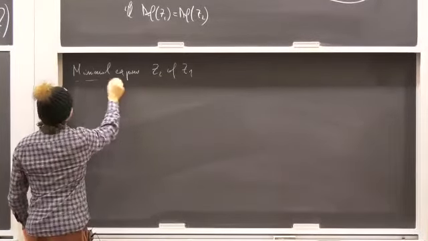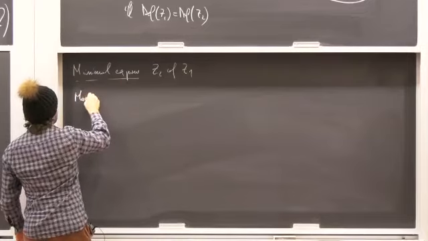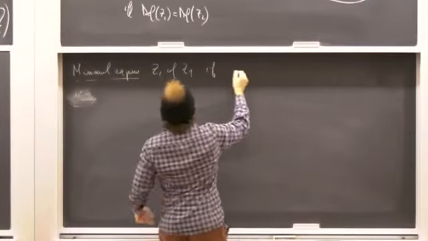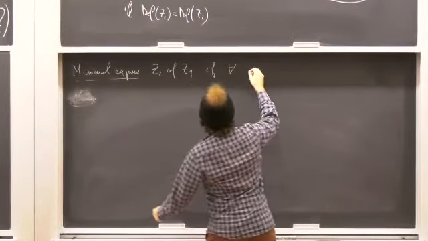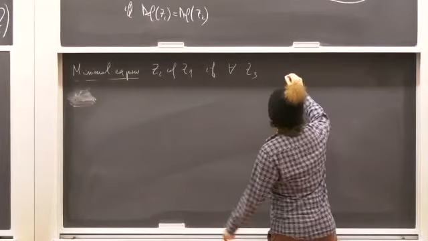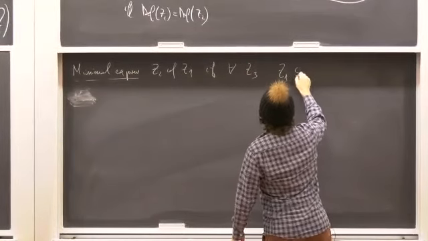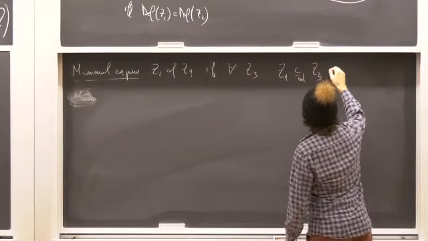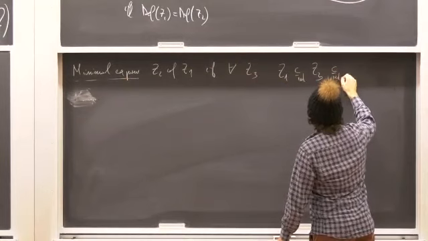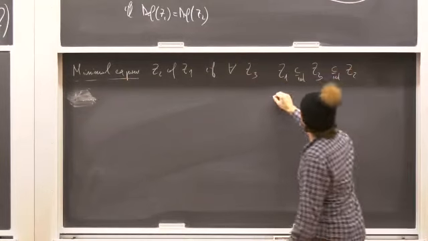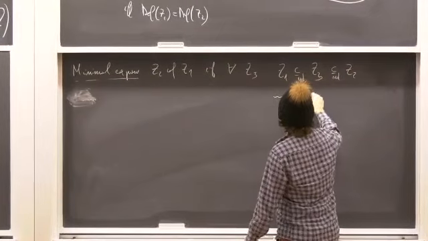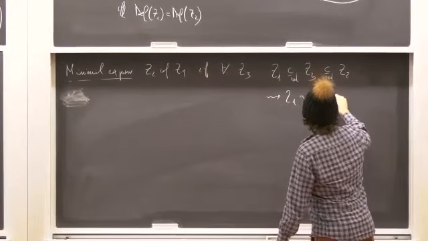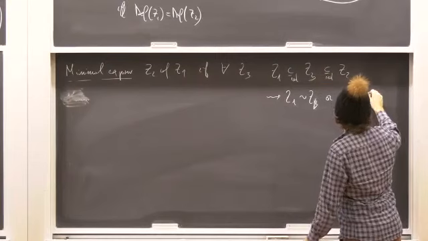We say that it's a minimal expansion, or equivalently Z1 is a maximal reduct, if for all structures Z3 such that Z1 is a reduct of Z3, which is a reduct of Z2, then Z1 is equivalent to Z3, or Z2 is equivalent to Z3.